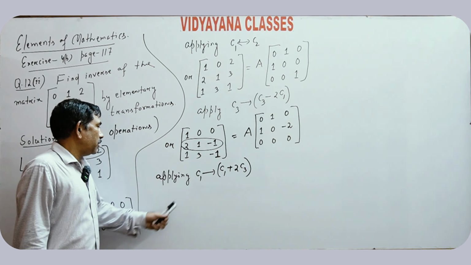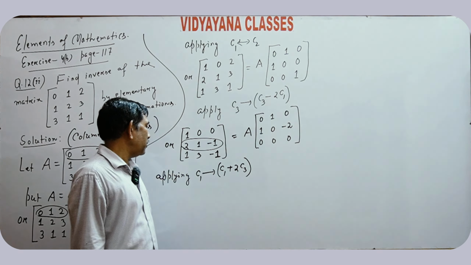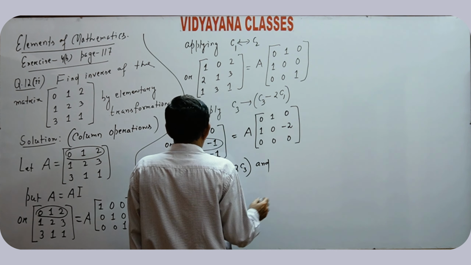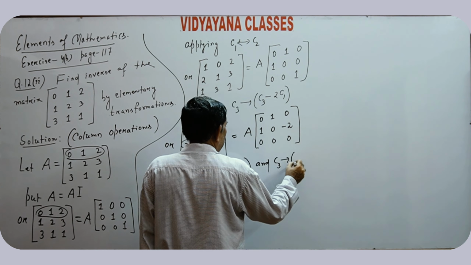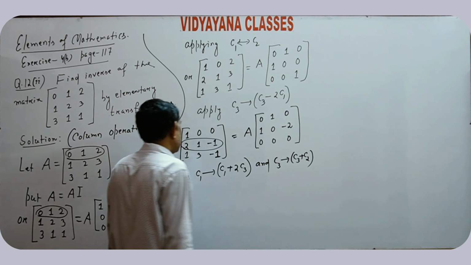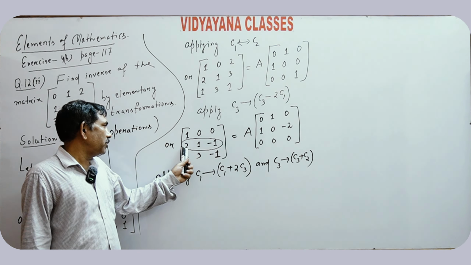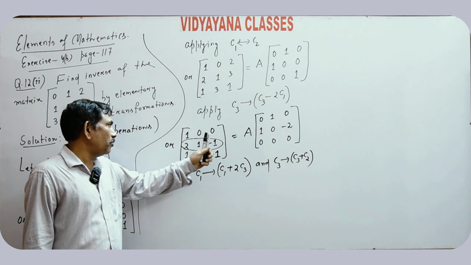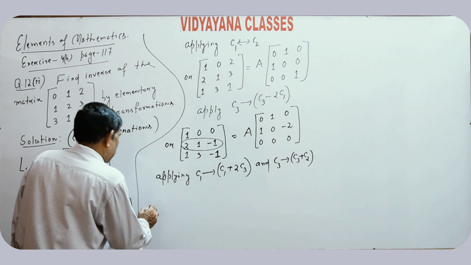Column 1 is replaced by column 1 plus 2 times of column 3, and column 3 replaced by column 3 plus column 2. We will change the elements of row 2 as 0 1 0 without changing the elements of row 1, that is 1 0 0.